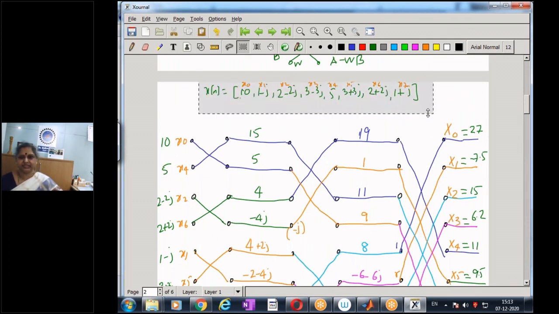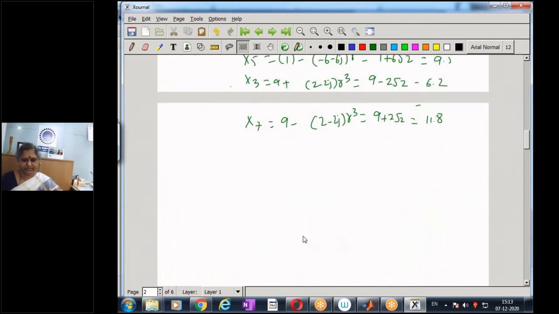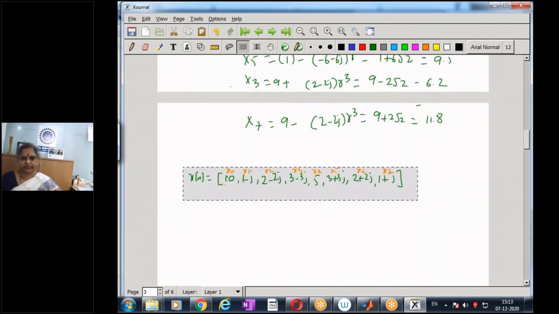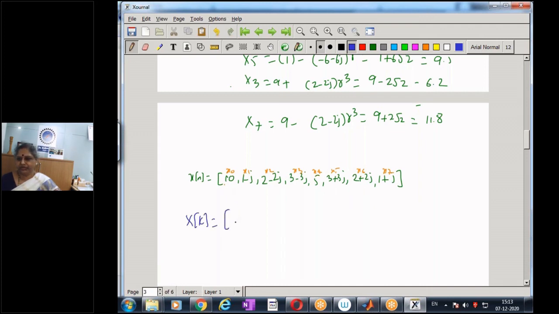So finally, we have the result. This is the input sequence. And for this sequence, when we have computed the corresponding 8-point DFT, what we got is 27, minus 7.5, 15, 6.2, 11, 9.5, 7, and 11.8.